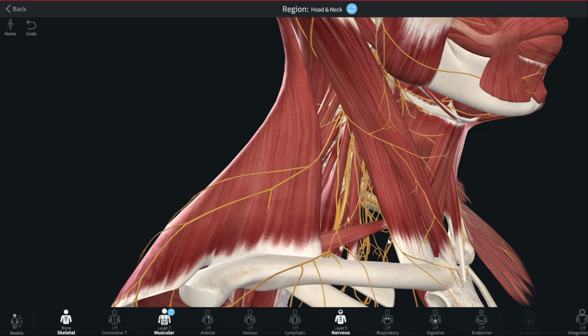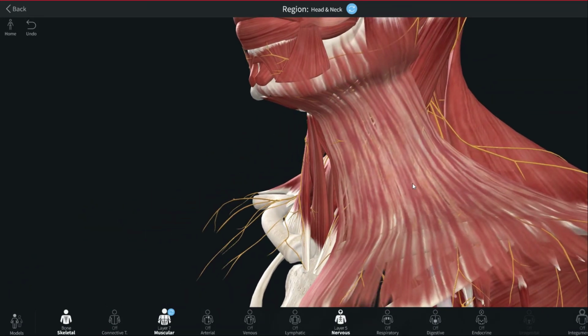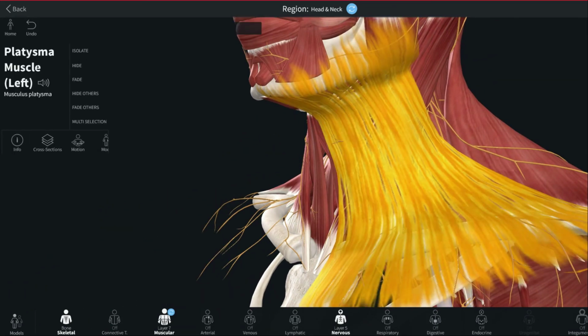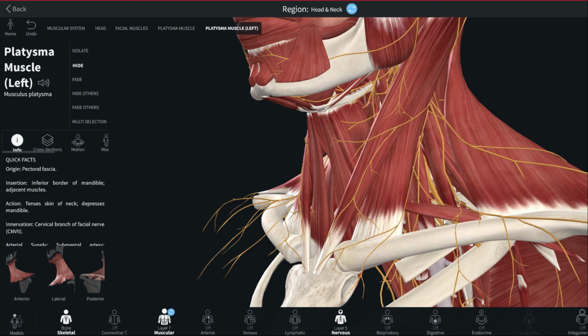If we come to the left part, if we remove this, although we don't have to, the left supraclavicular lymph nodes are known as Virchow's lymph nodes.